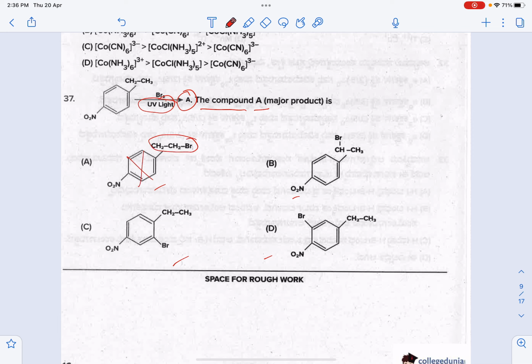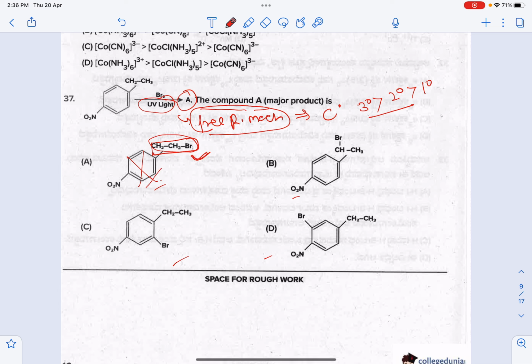It will not react with the aromatic ring, since this is a free radical mechanism. It will form the most stable radical: a tertiary free radical is more stable than secondary and then primary. Free radical mechanism is possible only on the aliphatic chain, not on the aromatic ring.